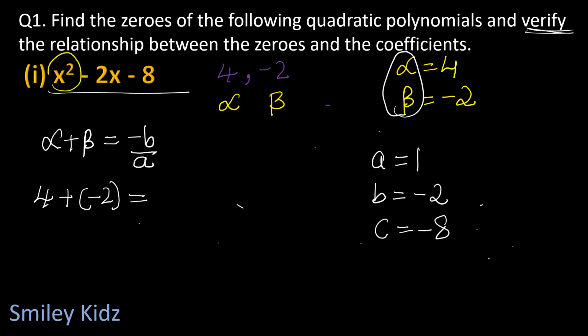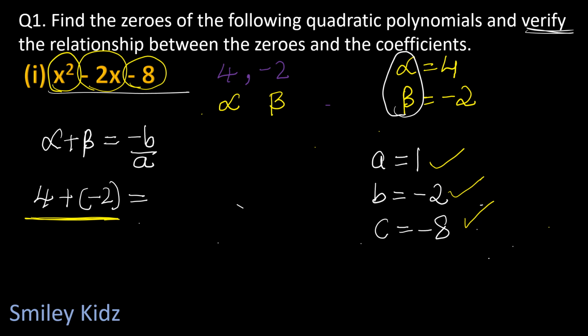So the coefficient of x squared is 1, which is a, the coefficient of x is minus 2 and the constant term is minus 8. Now, this alpha plus beta must be equal to minus b by a. Then only we can verify the relationship between the zeros and the coefficients, isn't it?